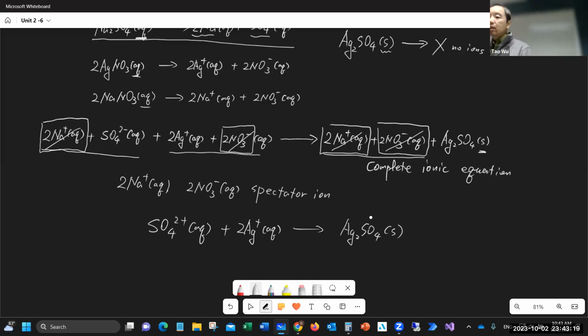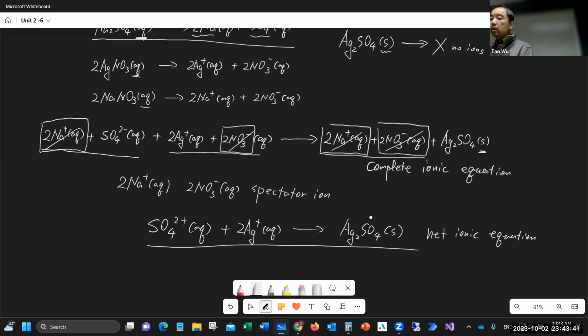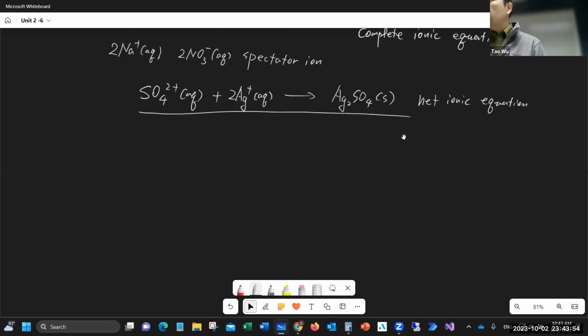This is what we call the net ionic equation. The net ionic equation is about what is exactly happening in the reaction. It's just the cation and anion that make the precipitate getting together. That's it. This is called the net ionic equation.